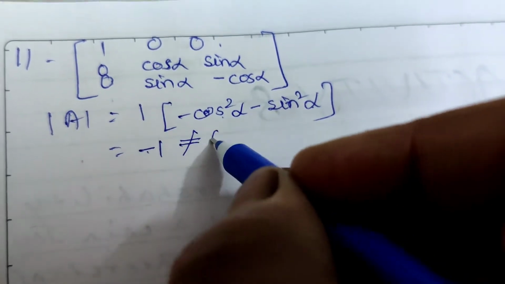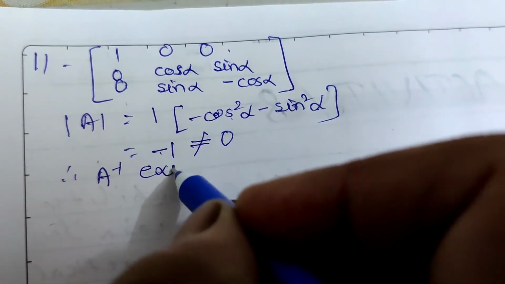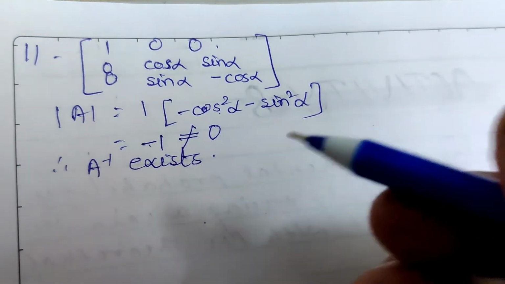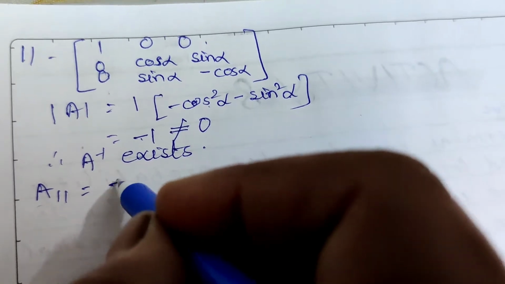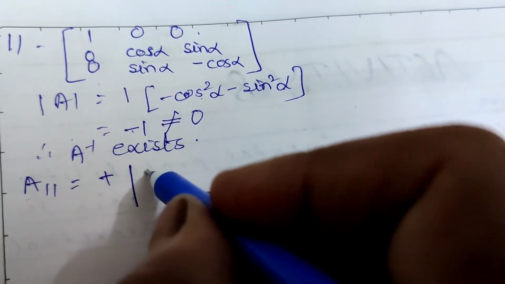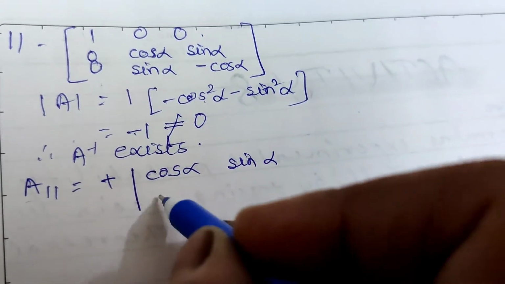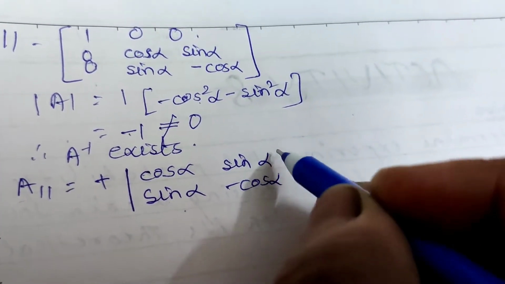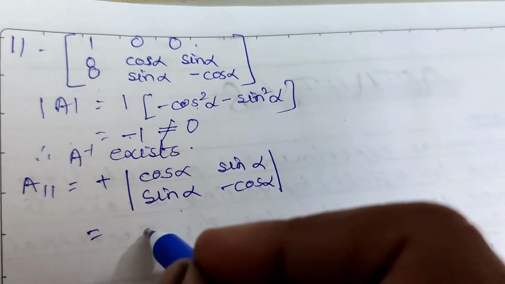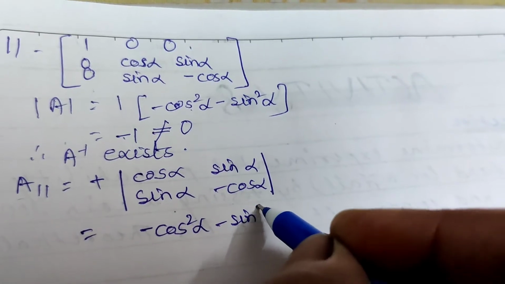It is not equal to 0. Therefore, A inverse exists. Now find A11. A11 plus value cos alpha, sin alpha and minus cos alpha. It is equal to minus cos square alpha minus sin square alpha.